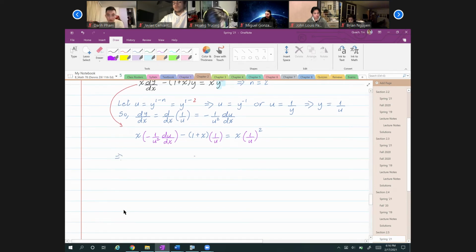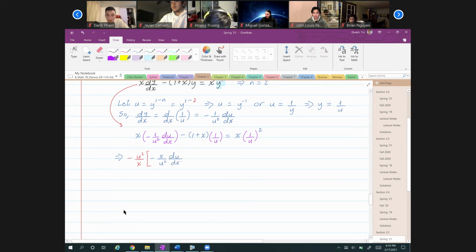multiply both sides by negative u squared over x. So you multiply the left-hand side, which is negative x over u squared du/dx.